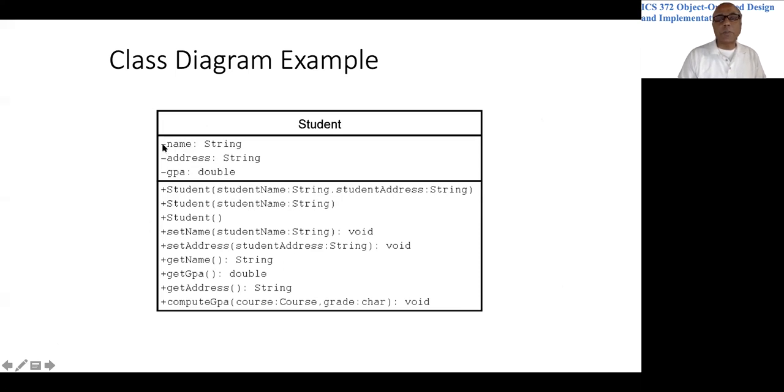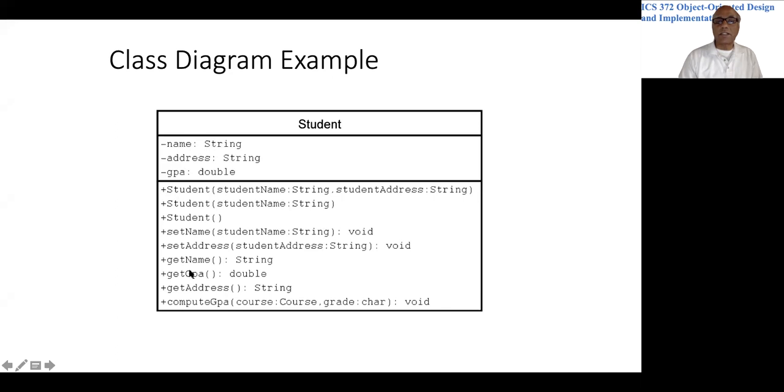And we put minus in front of a field if it is private, plus if it is public, and pound if it is protected. We put a colon after the field name, and the type could be things like integer or double, string, etc. So the format is not as in Java. You don't write string name. Instead you write name, colon, string.